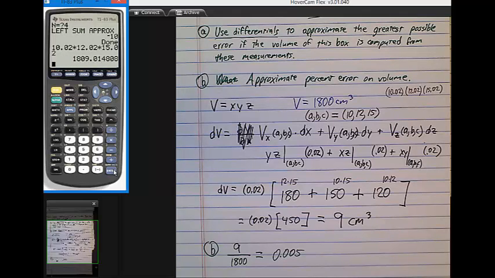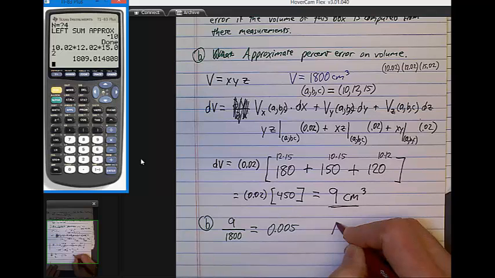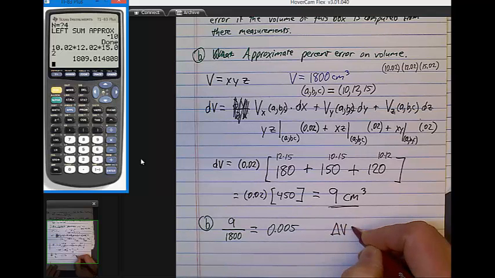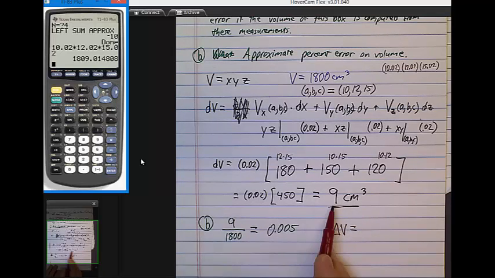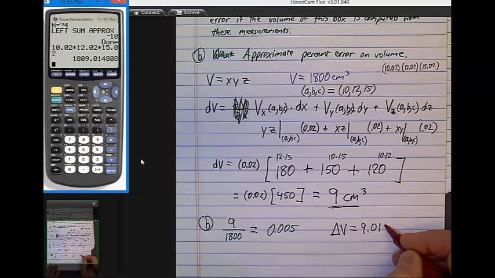So, well, a little more than 1809. But not much more, right? I mean, we said there might be a 9 centimeter error. If you wanted to compute delta V, we computed dV was 9. Delta V, according to that calculation, would be 9.0148, is worst case.